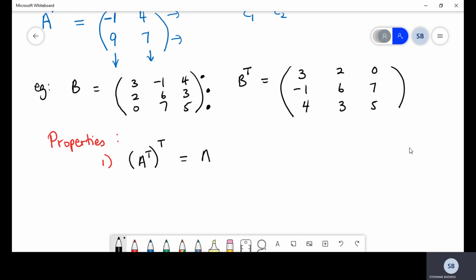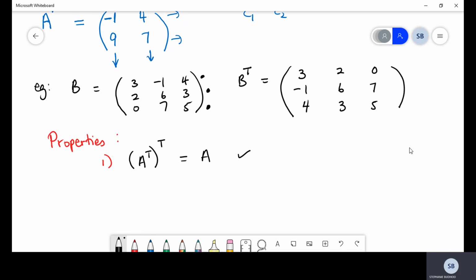You get back the original matrix. And it makes sense because upon transposing, your rows become columns or vice versa. Then if you undo it, you go back to your original. So that first property totally makes sense.